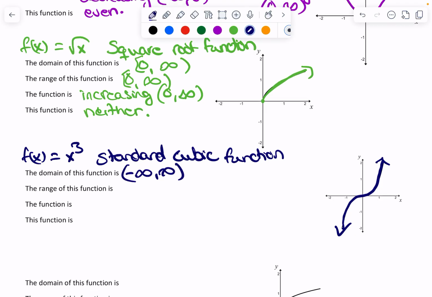The range is all real numbers as well. There are no restrictions. When you look at this function from left to right, it keeps increasing, from negative infinity to infinity. There is a little bit of a flat portion, but it's still increasing slightly. And this function is odd.